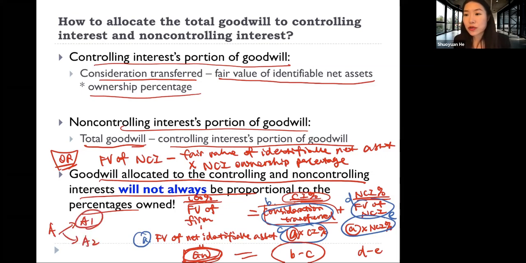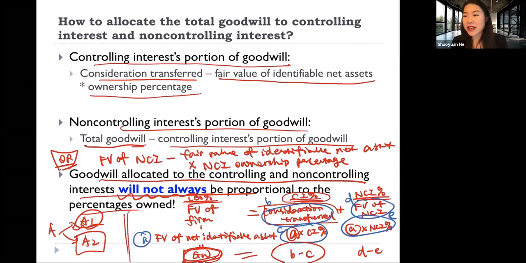A1 we use to mark up book value to fair value and allocate it to controlling and non-controlling interest. That is always in proportion to the ownership percentage. But A2 is to recognize goodwill. In this situation, depending on whether the parent is paying a control premium, it will not always be proportional to the percentage owned. That's why we need to separate A1 and A2. So this is the formula for allocating.